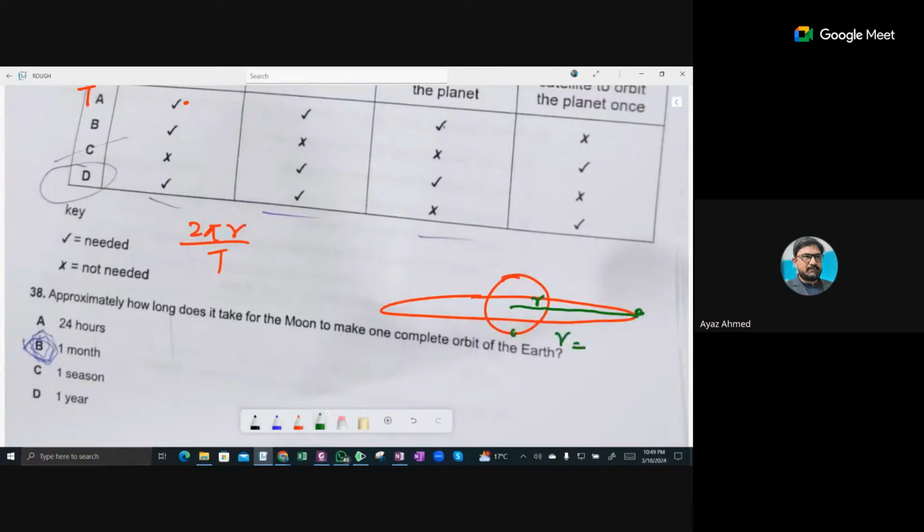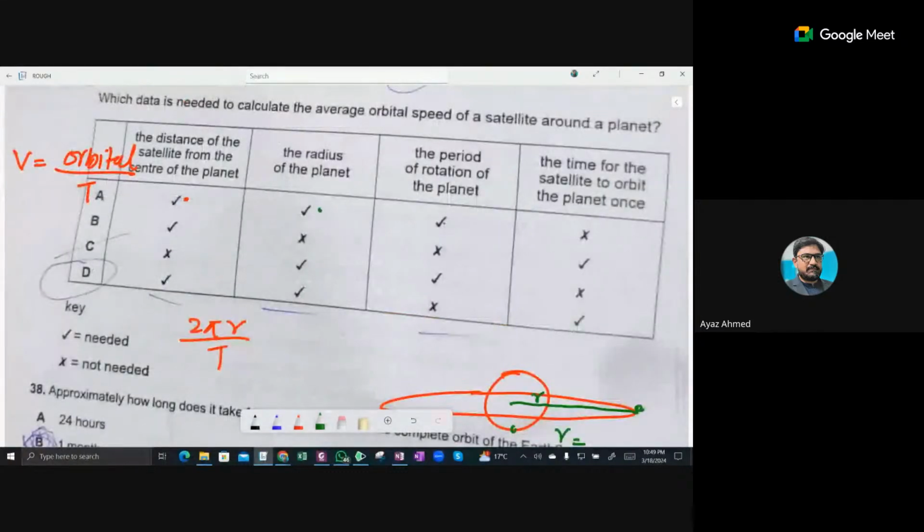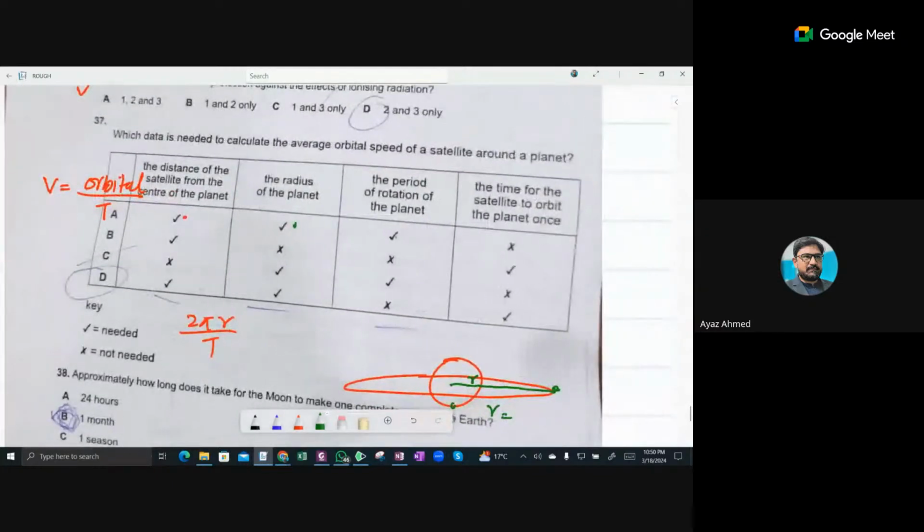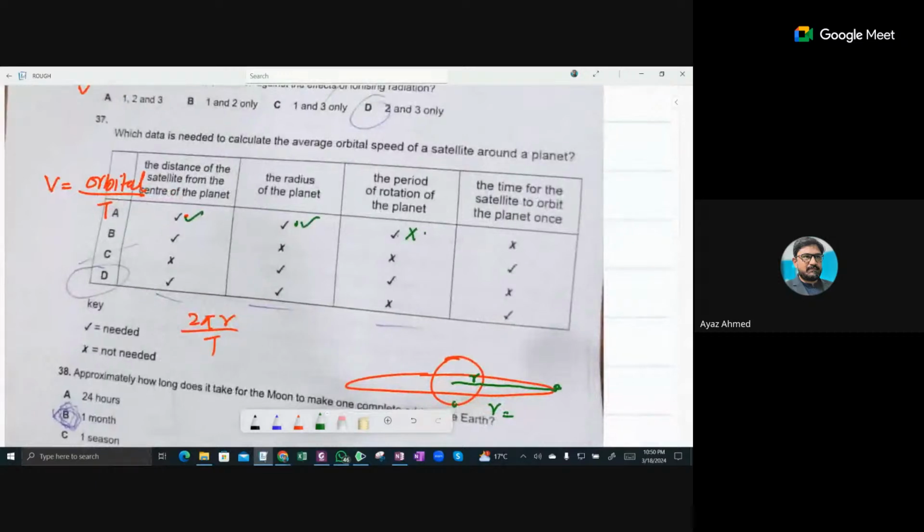So that is a possible distance. We can have a tick over here. The period of rotation of the planet: no, it should be a cross. And the time period for the satellite to orbit, yes. So tick, cross, tick. So option D is correct. Very good.